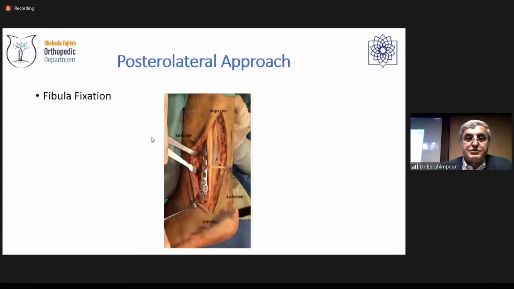As you see in this posterolateral approach, we can go anteriorly to expose the fibula, especially when the fibula is fractured, and we can fix the fibula from the lateral side with this plate. My preferred location is the posterior part of the fibula, especially in elderly osteoporotic patients, as it is less irritating to the skin.